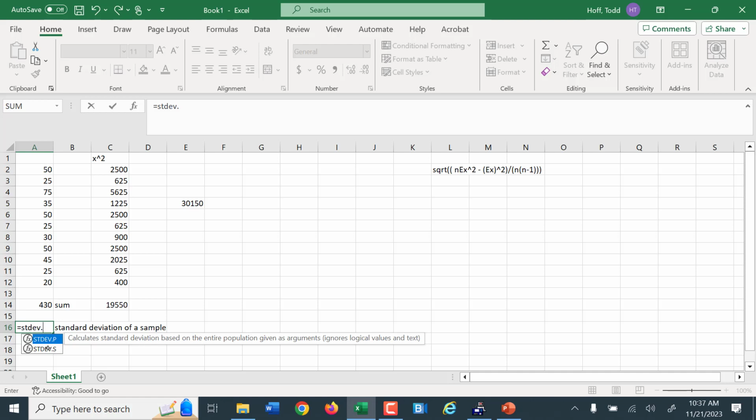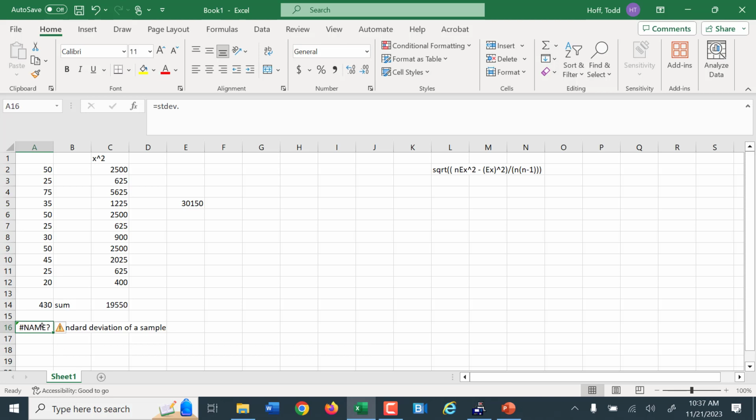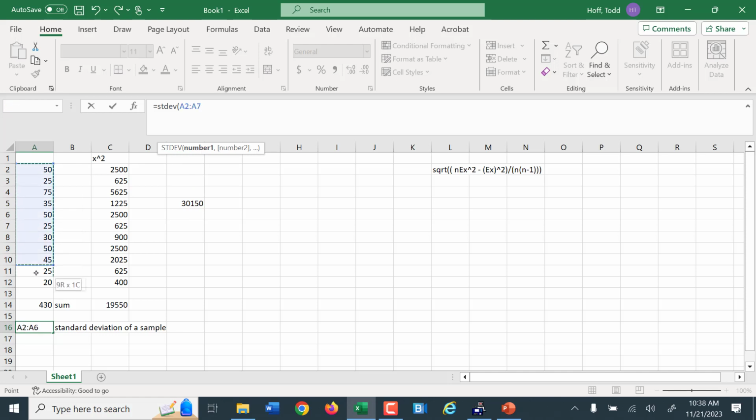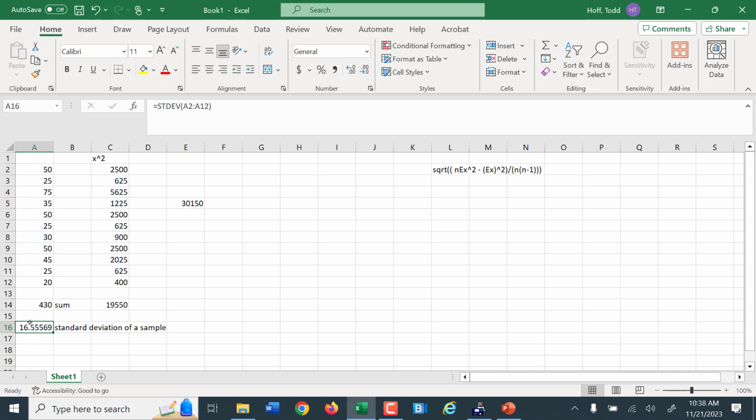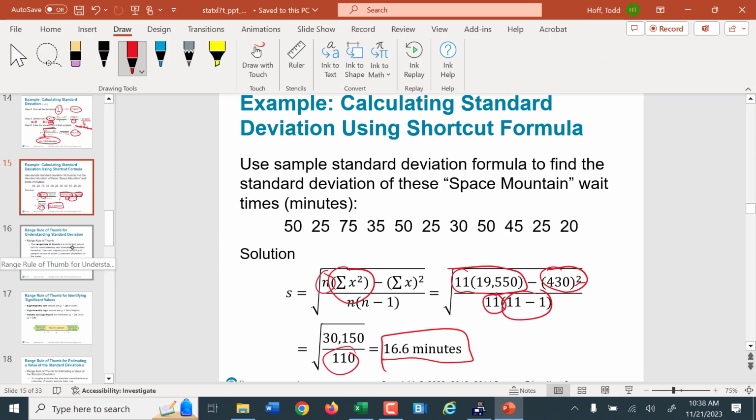We're going to see in a few minutes that that formula is slightly different. We want stdev dot S. This is the standard deviation of a sample. When we hit our open parentheses, inside the parentheses we highlight our list of numbers, close the parentheses and hit enter. And there it is. Notice we'd have to round that to 16.6 to agree with our round-off rule.